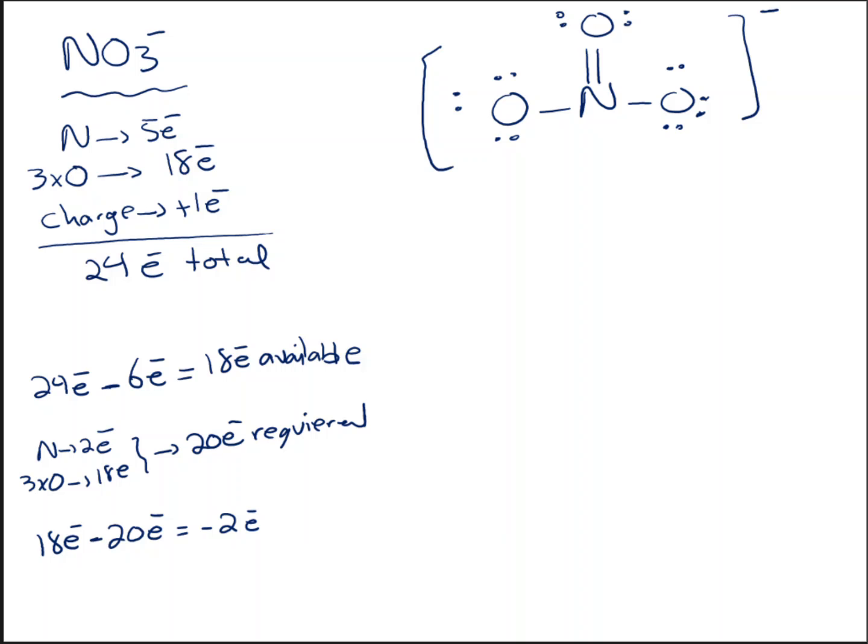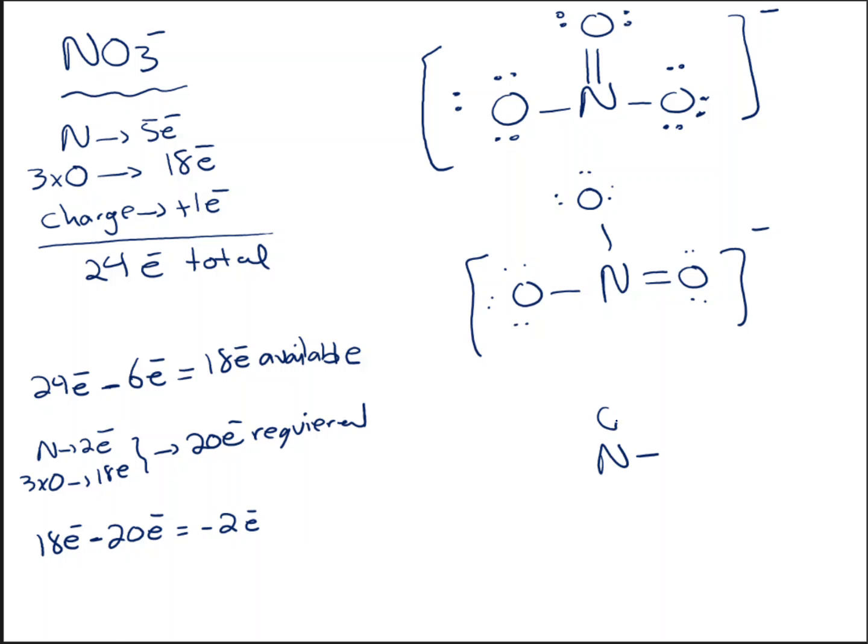For this structure, we would expect resonance structures because this double bond could be with any of the oxygens. So I could technically put the double bond here, and this is still the correct structure for a nitrate ion.